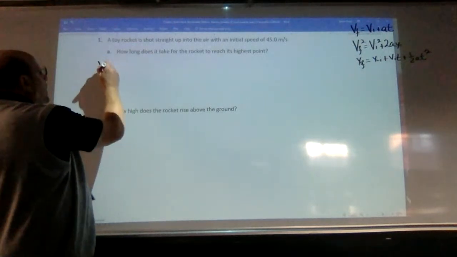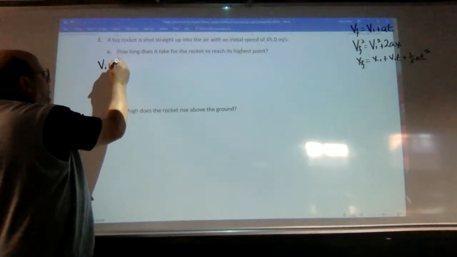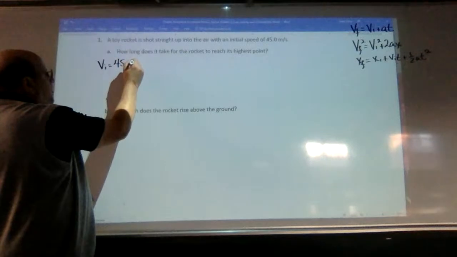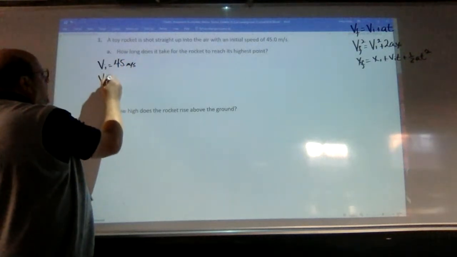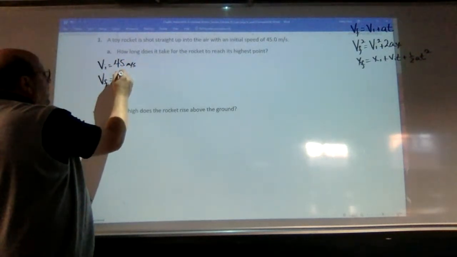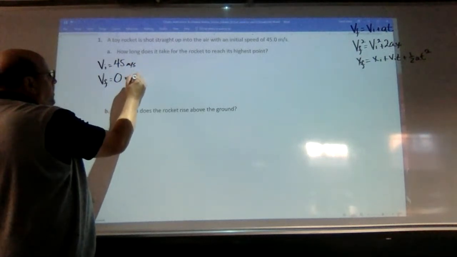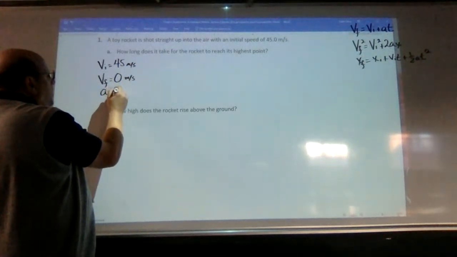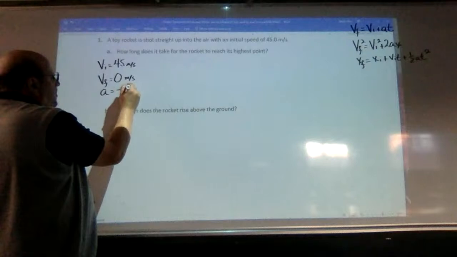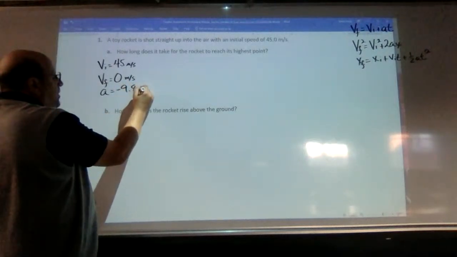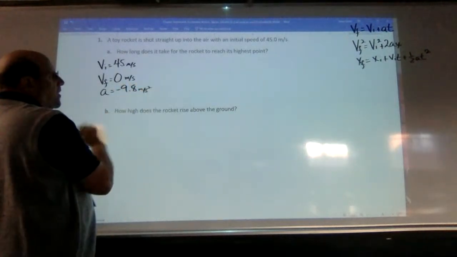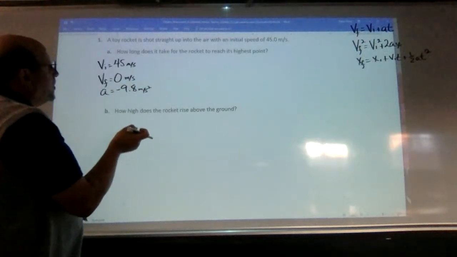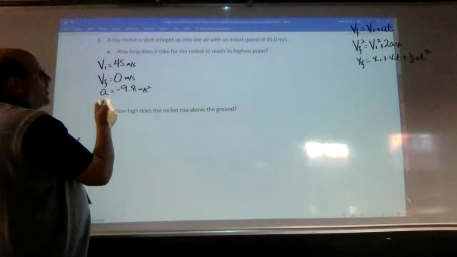So the initial velocity is 45 meters a second. When it gets to the top of its flight, its final velocity is 0 meters a second. The acceleration for this is -9.8 meters a second squared, because we're talking about gravity pulling on it as it goes up.